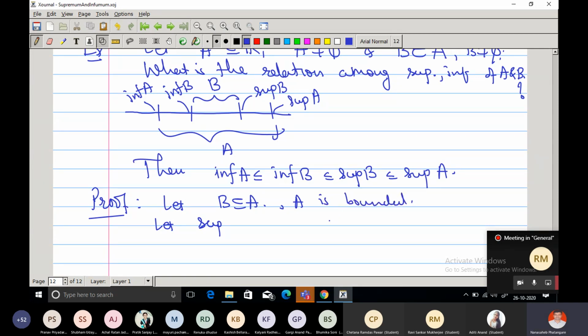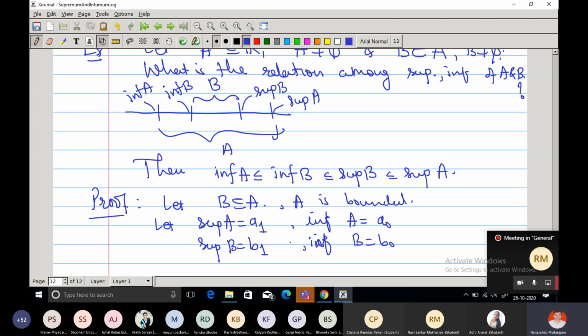Therefore, B is also bounded, and therefore the supremum and infimum exist, no doubt. But we are interested in the relation. So let the supremum of A be A1, the infimum of A be A0, the supremum of B be B1, and the infimum of B be B0.